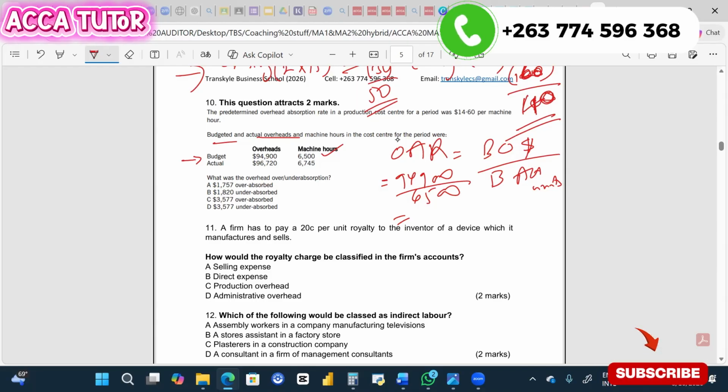No need to multiply by 100. These are dollars. It is 14.6, $14.60. So every hour we are budgeting it. That's the standard cost of an hour. Remember when we talked of the standard hours, this is now the standard cost per hour.